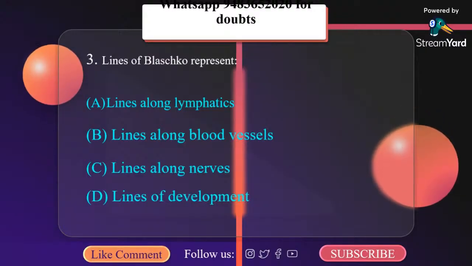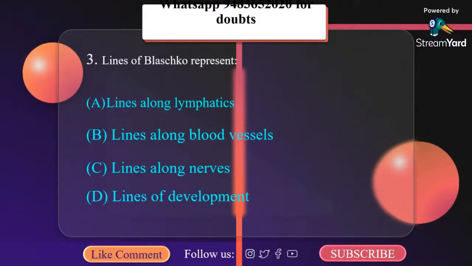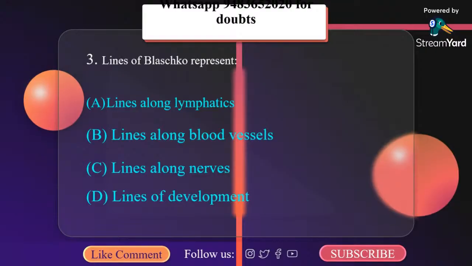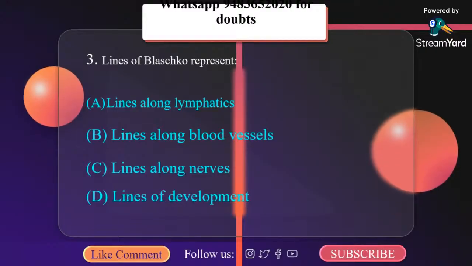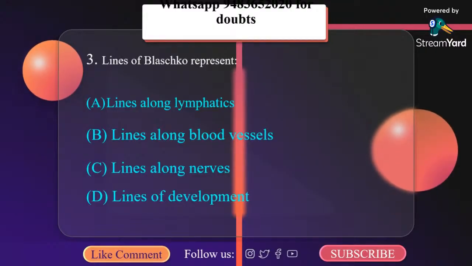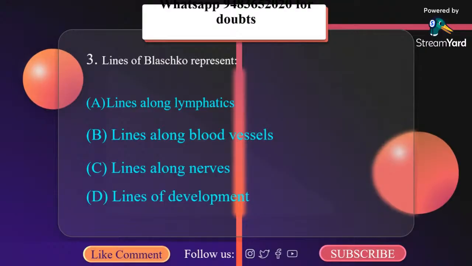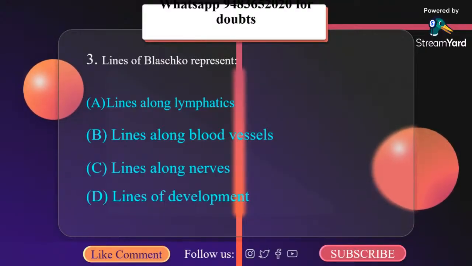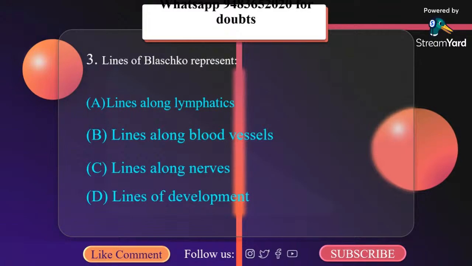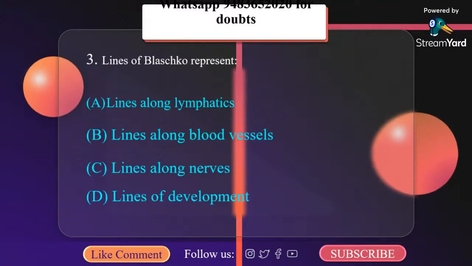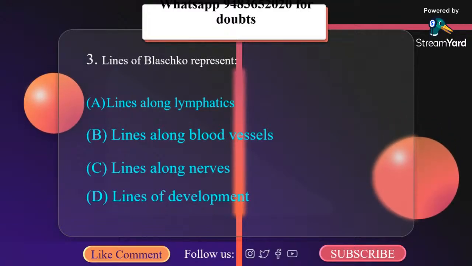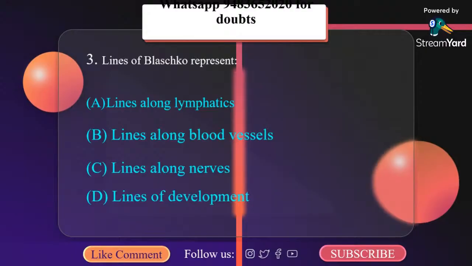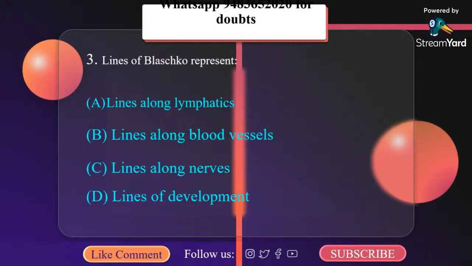They are thought to represent pathways of epidermal cell migration and proliferation during the development of the fetus. They represent non-random developmental lines of skin, fundamentally differing from the system of dermatomes. They follow a V shape over the back and an S shape. So the correct answer here is D, lines of development.